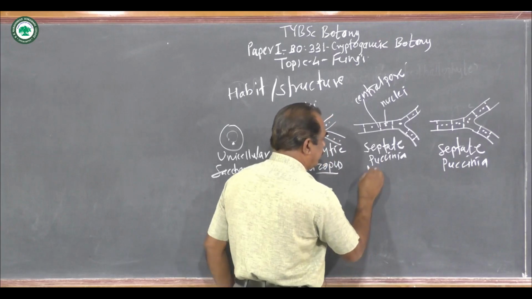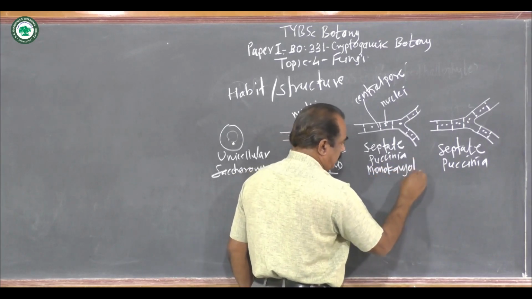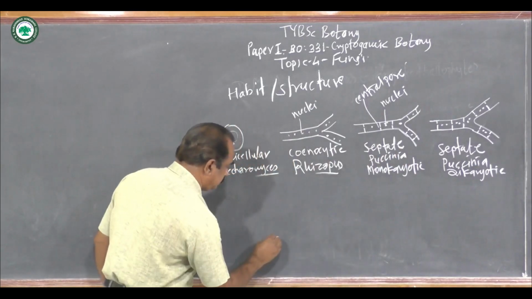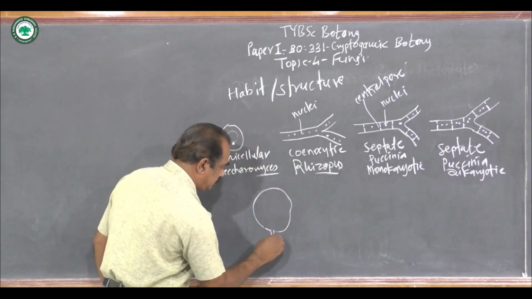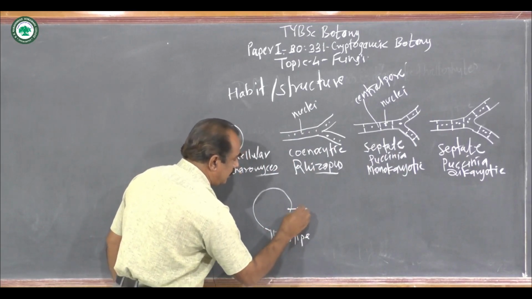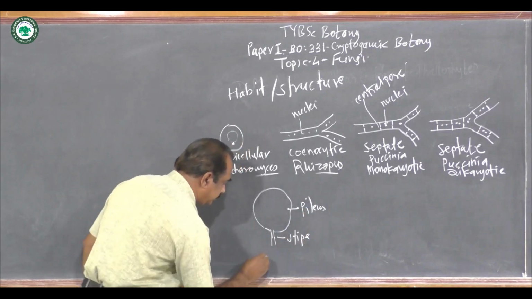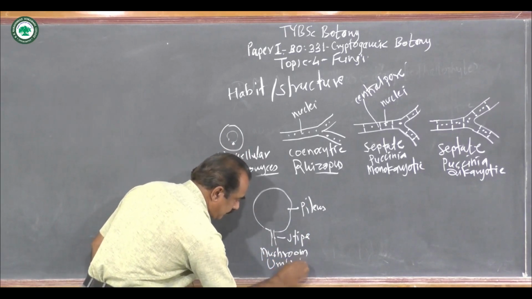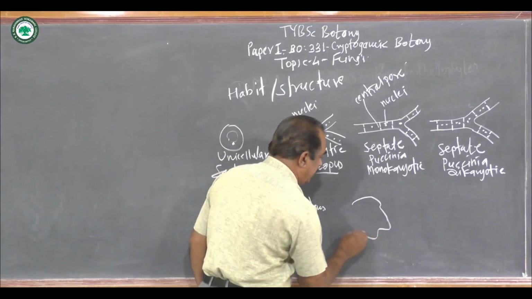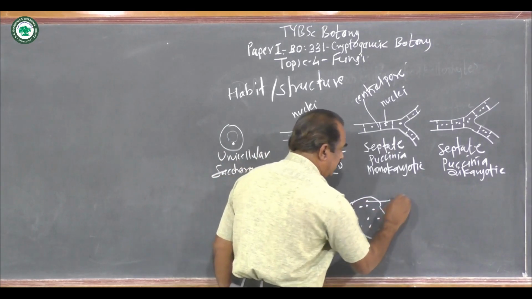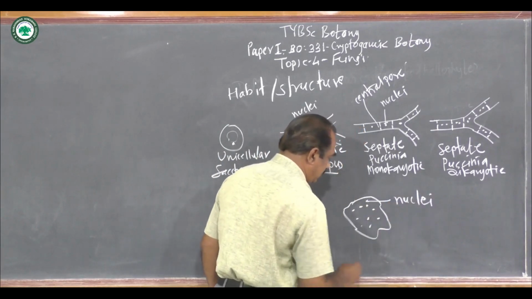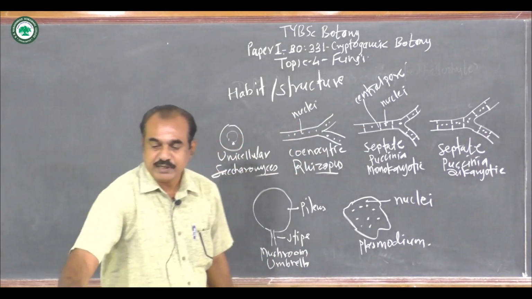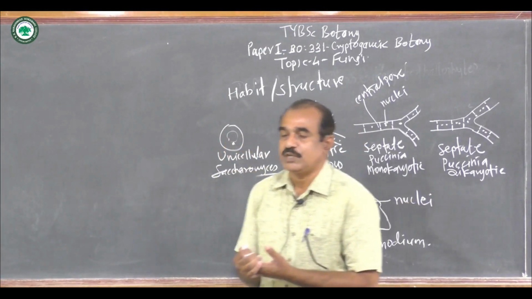It is a monokaryotic, and this is the dikaryotic. And last, that is the irregular plasmodium. These are a number of nuclei. This is called the plasmodium. So these are the different types of the shapes and size of the fungi.